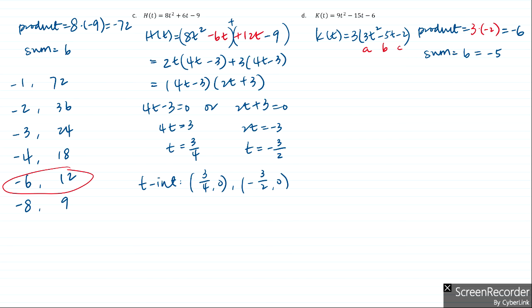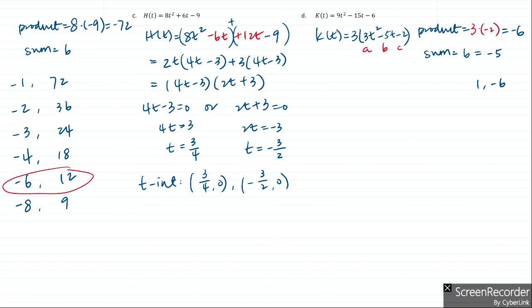Now if we think about the numbers we have to work with, it's much smaller and much easier to come up with. And if you are fluent with this, you will eventually see that the numbers we want are 1 and negative 6. As is, they add up to negative 5 and multiply to negative 6.